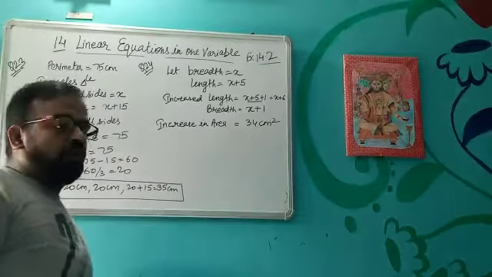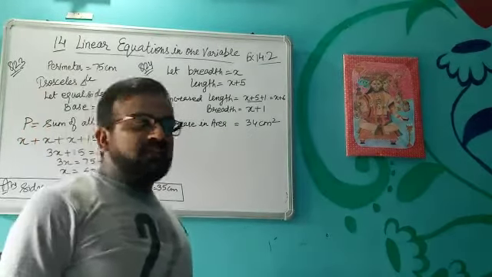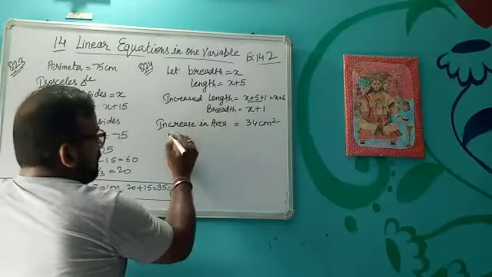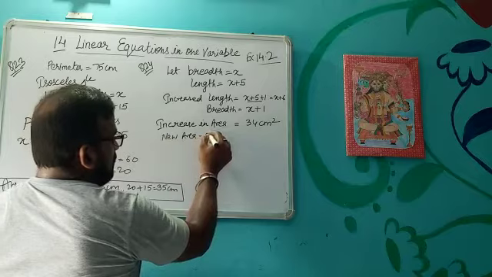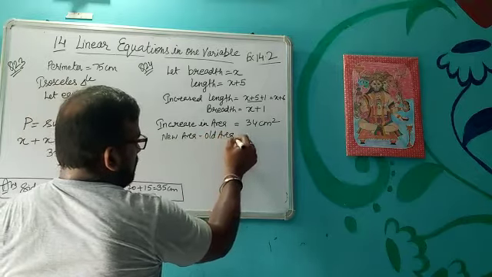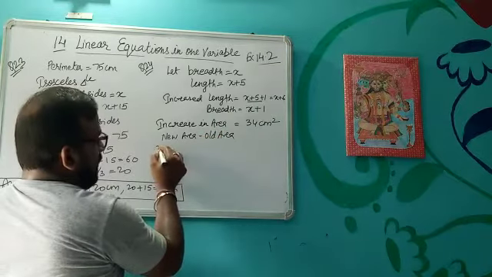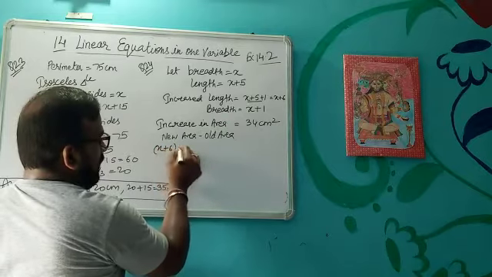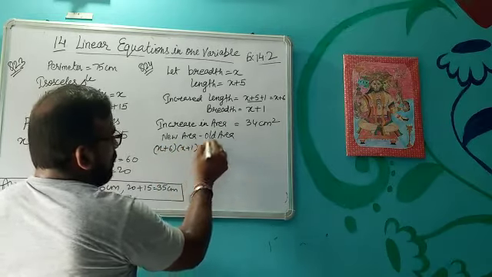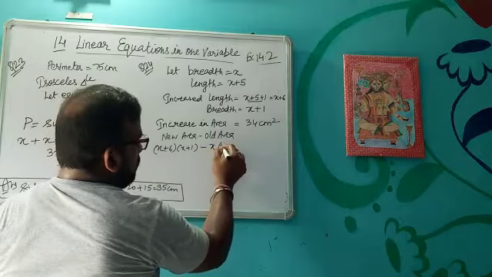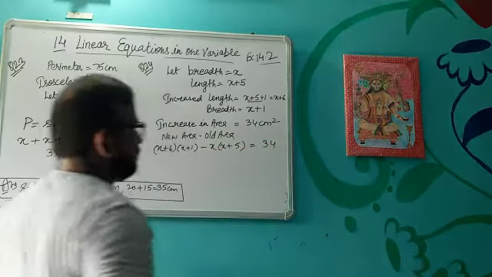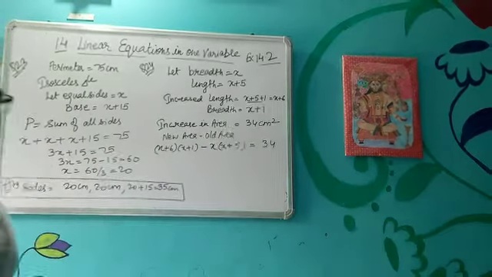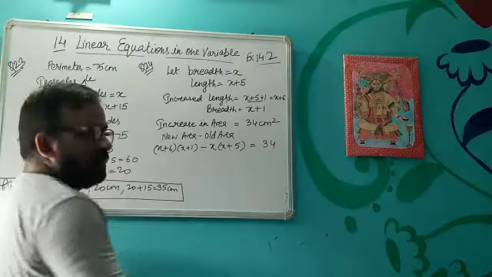So we already knew what is the area of rectangle, length into breadth. That means new area minus old area. So new area will be x plus 6 into x plus 1. Old area will be x into x plus 5. And this is equal to 34. So this is our equation.